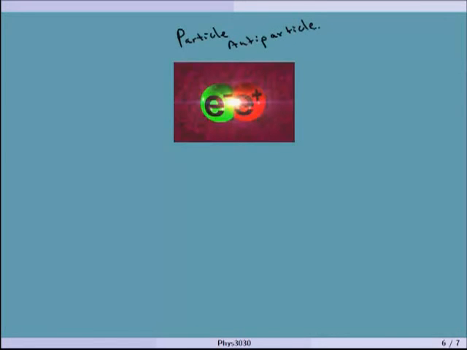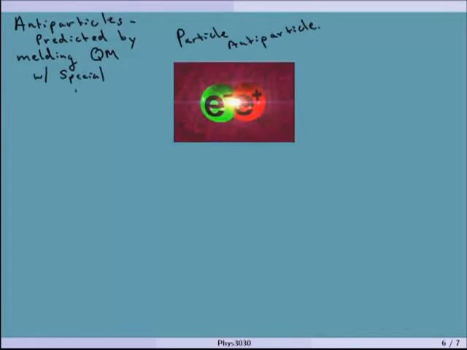And antiparticles, they're predicted by quantum mechanics, and they're actually predicted by melding quantum mechanics with special relativity. Not general relativity, but just special relativity.